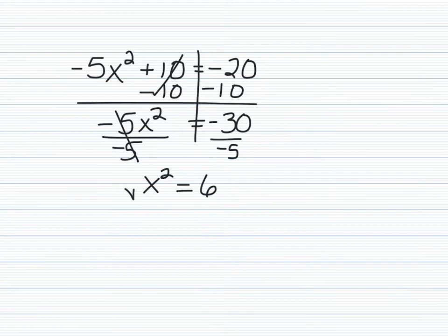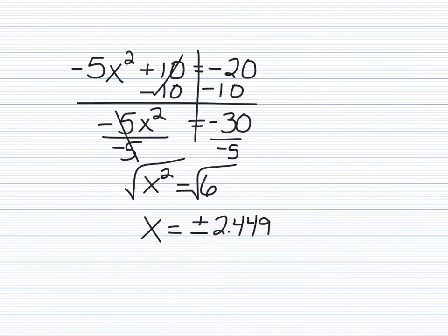Hey, we had that in the previous problem. Take the square root, and x equals plus and minus 2.449. So this one still had 3 steps in it before we solved.